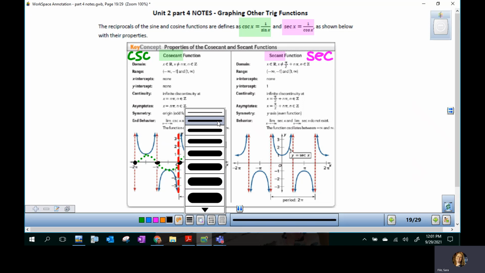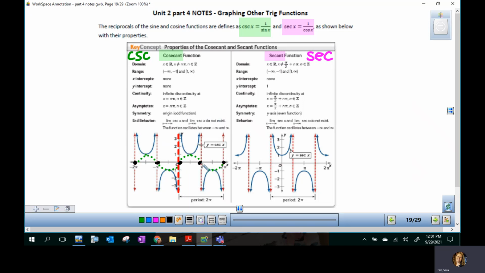So let's think about this. Wherever sine is 0, cosecant is the reciprocal function. So if I have 0 over any number and I want the reciprocal, it becomes some number over 0, right? And we cannot divide by 0.